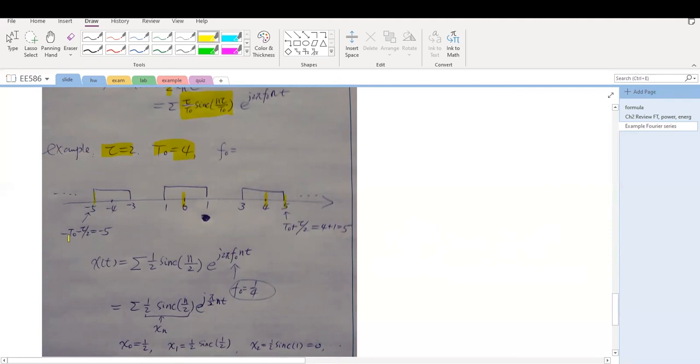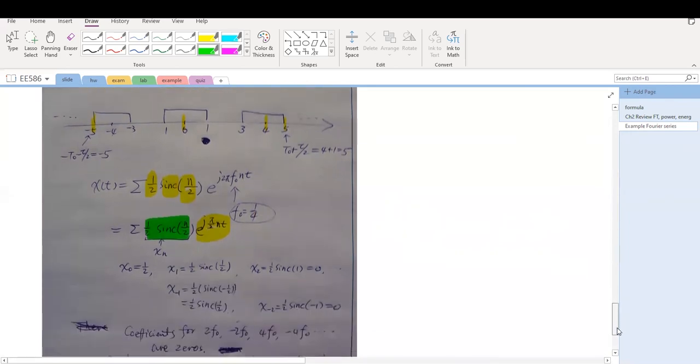And this here, minus T naught minus half tau, that's minus 5. Now we plug in all of this tau and T naught, that equals half sinc n half, e to the power j 2 pi f naught n t. Remember, f naught equals a quarter, so that equals e to the power j pi over 2 n t. Then this portion is the Fourier coefficient.